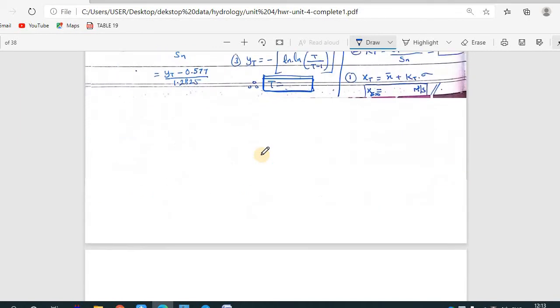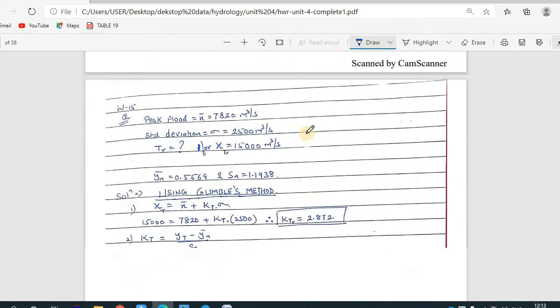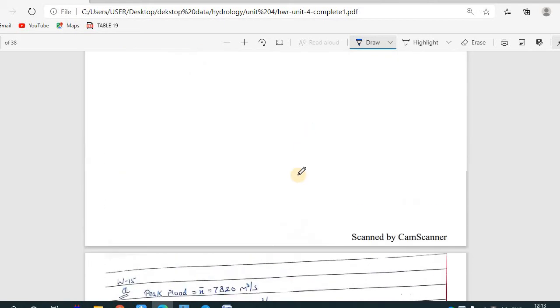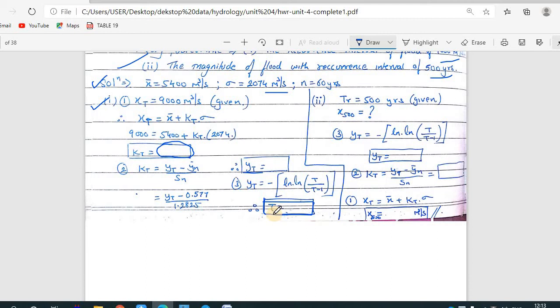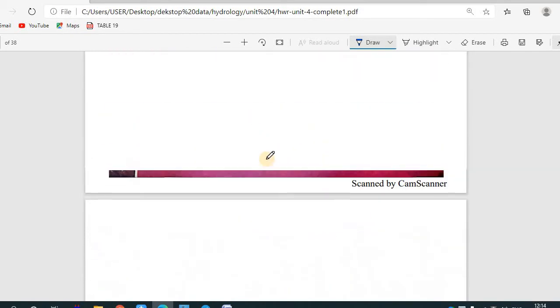Once we have got the return period value, which is your T value, you can use the probability formula, which is 1 minus 1 by T to the power n.